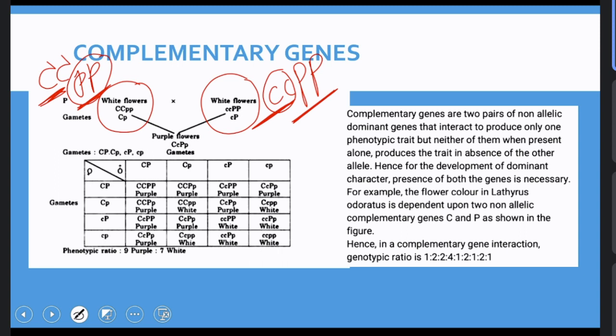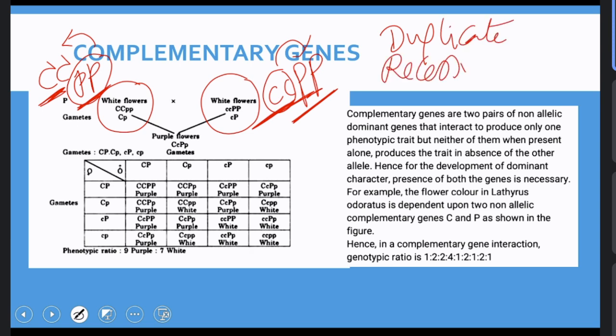They are duplicating each other with an epistatic influence on the other locus. And hence some scientists, based on this interaction, also call this duplicate recessive epistasis.